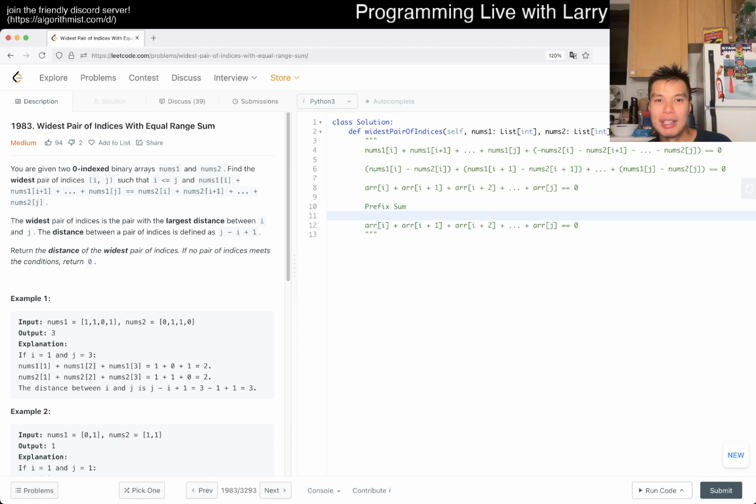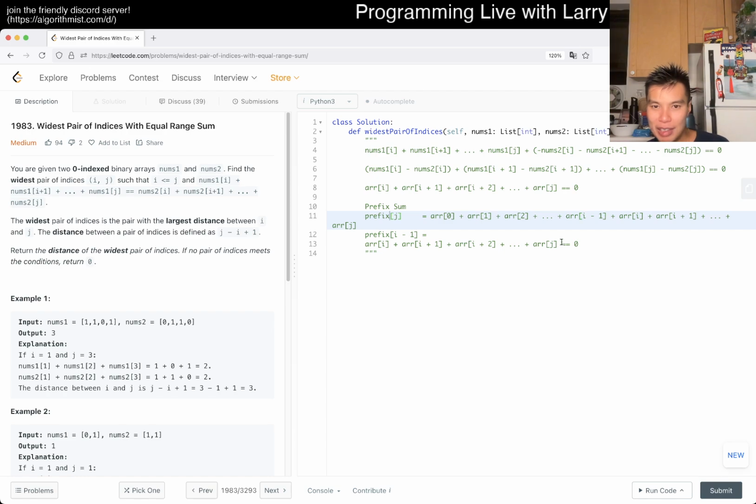Anyway, with prefix sum, you get to say prefix sub j is equal to array sub 0 plus array sub 1 plus array sub 2, and so on, plus array sub i plus array sub i plus 1, up to array sub j. That's just regular prefix sum stuff. Then your prefix sum of i minus 1 is basically the same thing, except it goes up to i minus 1.